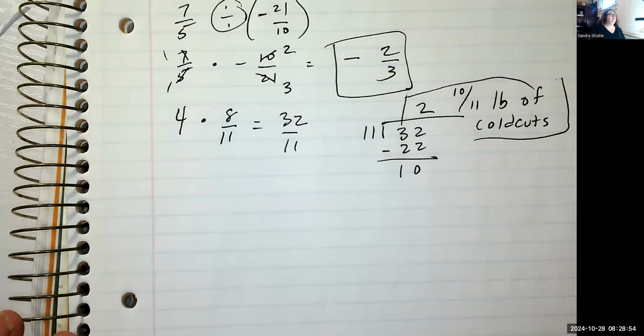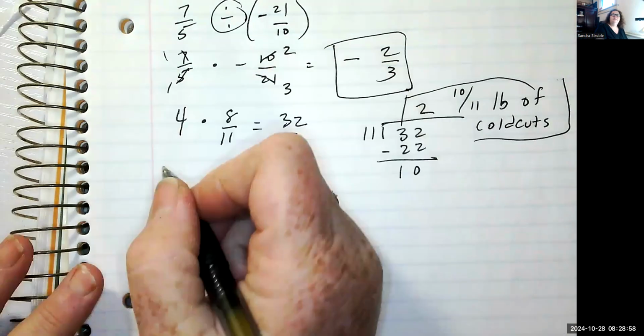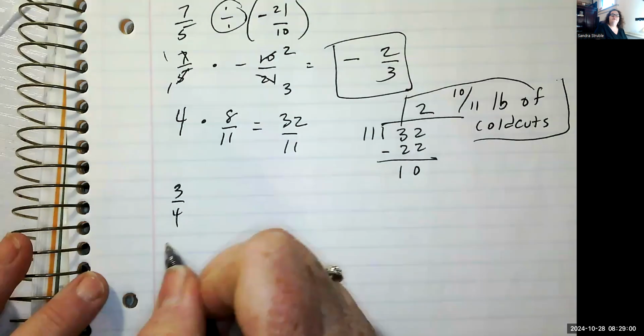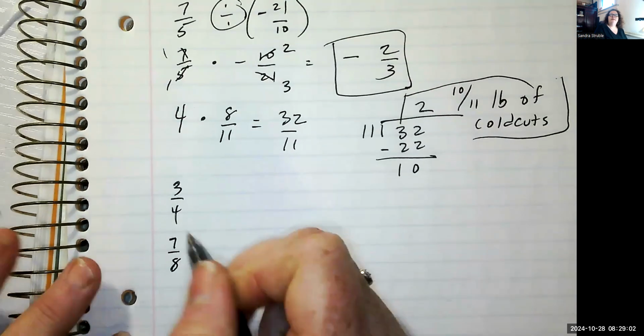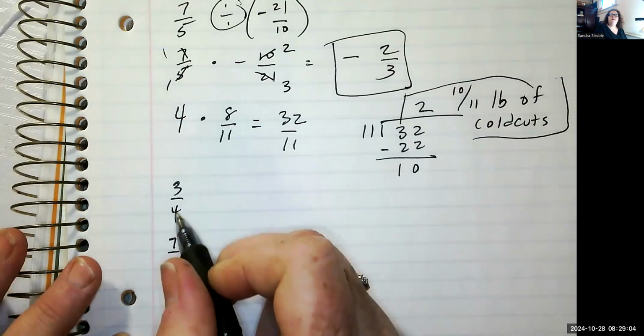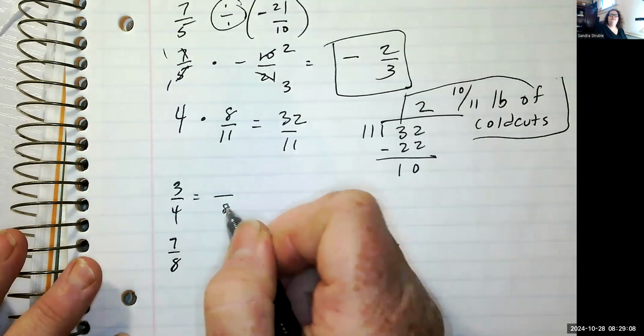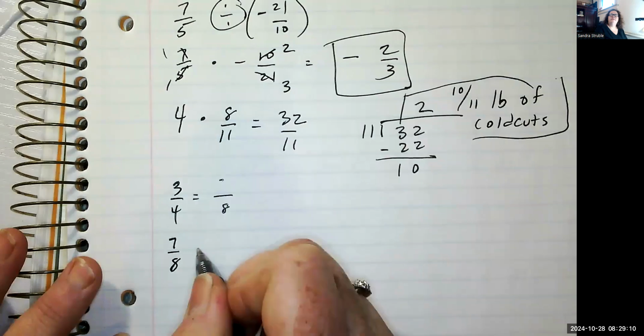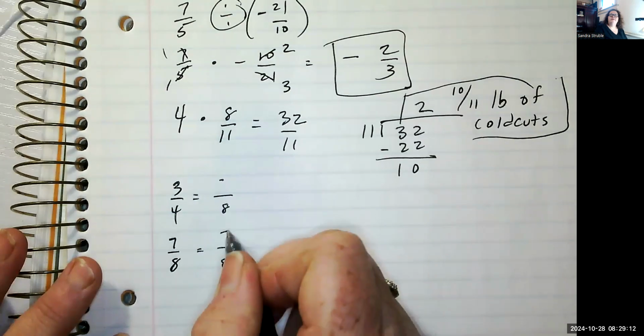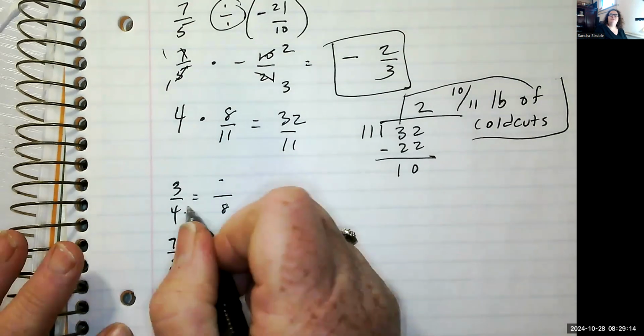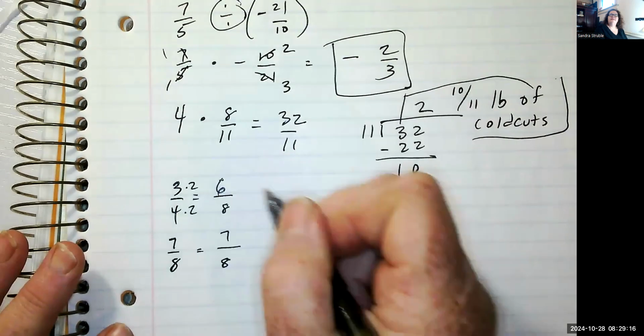Okay. Compare 3/4 and 7/8. So we needed to have them the same denominator. Right now, we've got a 4 and an 8, which our common denominator is going to be 8. This one's already 8, so I don't have to change that one. 4 times 2 is 8. 3 times 2 is 6.